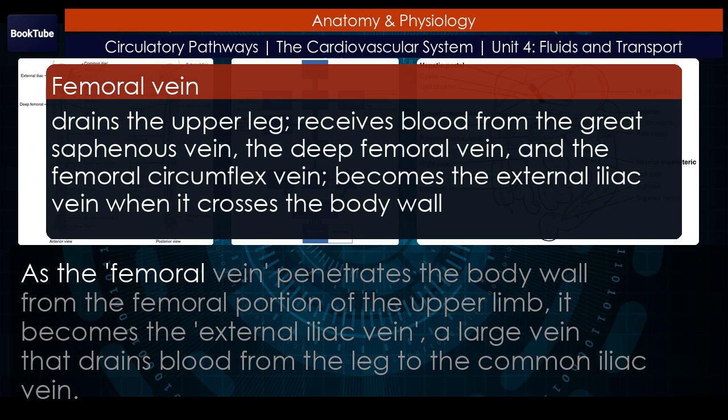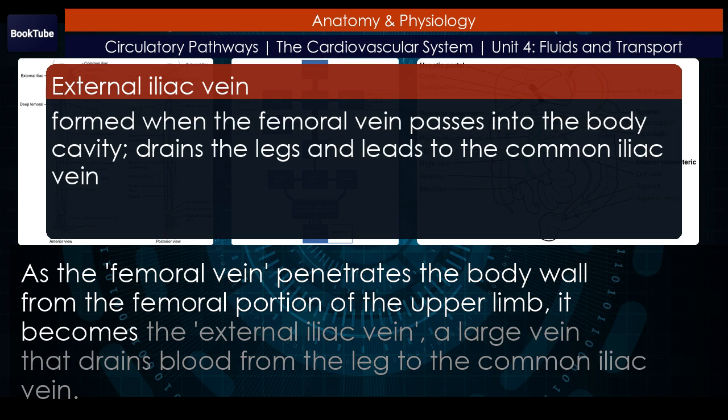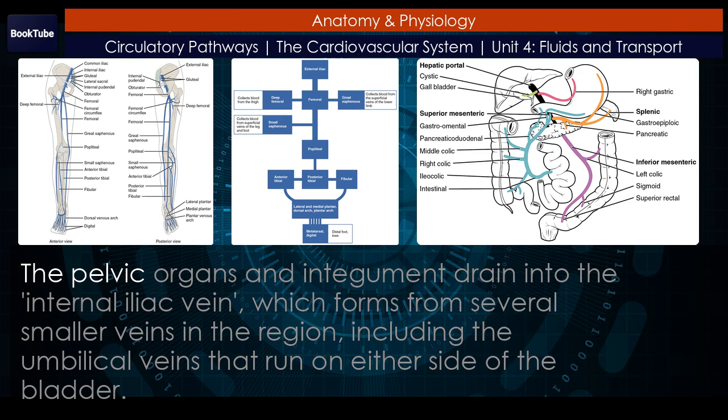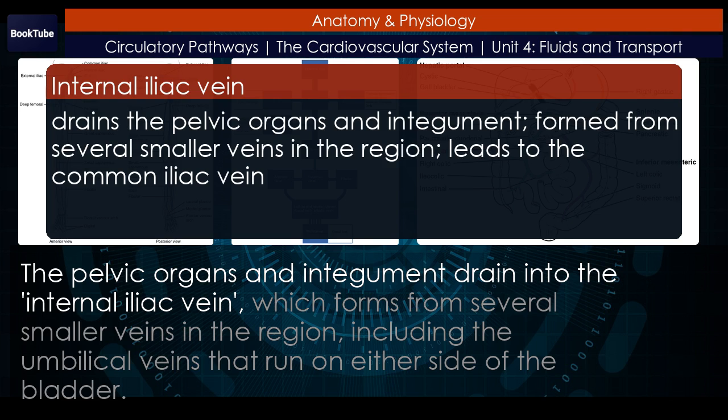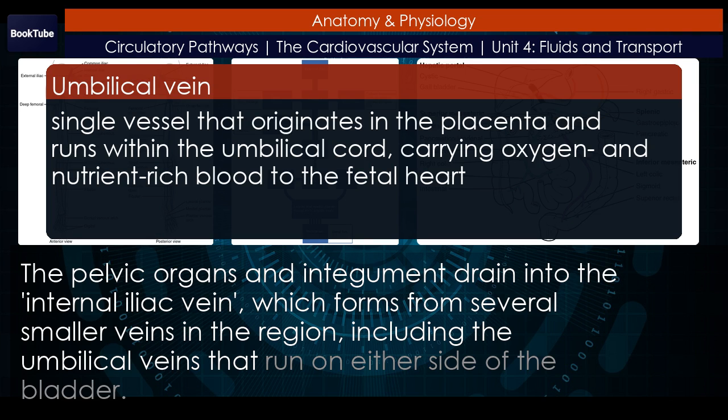As the femoral vein penetrates the body wall from the femoral portion of the upper limb, it becomes the external iliac vein, a large vein that drains blood from the leg to the common iliac vein. The pelvic organs and integument drain into the internal iliac vein, which forms from several smaller veins in the region, including the umbilical veins that run on either side of the bladder.